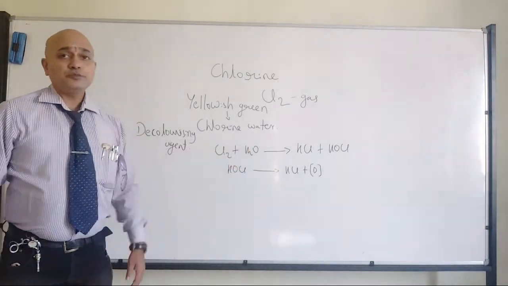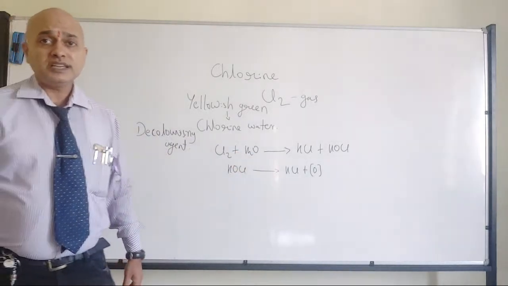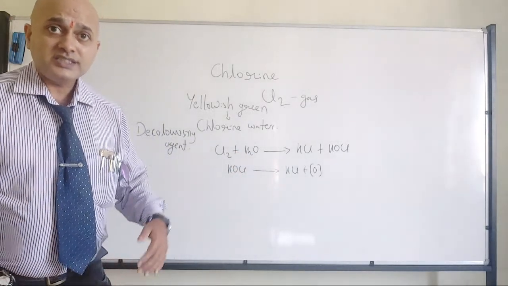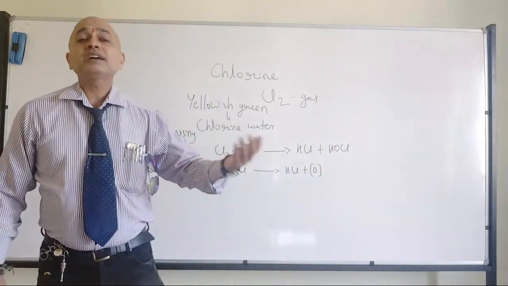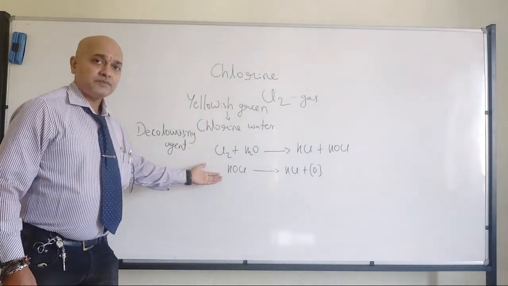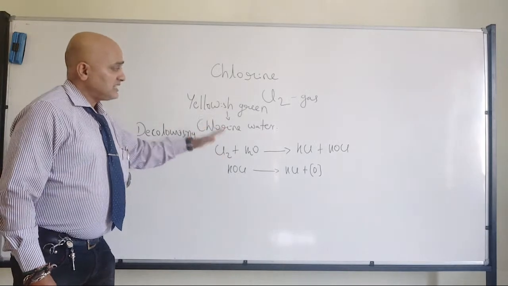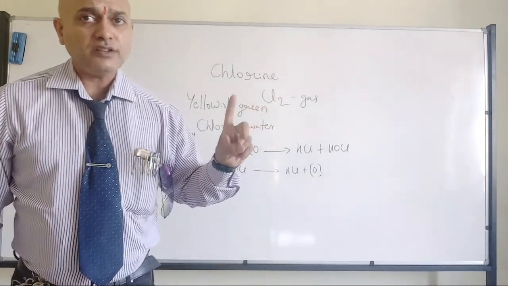Then the answer should be this one, where there will be liberation of nascent oxygen. This nascent oxygen can react with the coloring molecules and they will become colorless. So that's where we have the reaction. Got my point? So two questions can be answered by using this one concept.